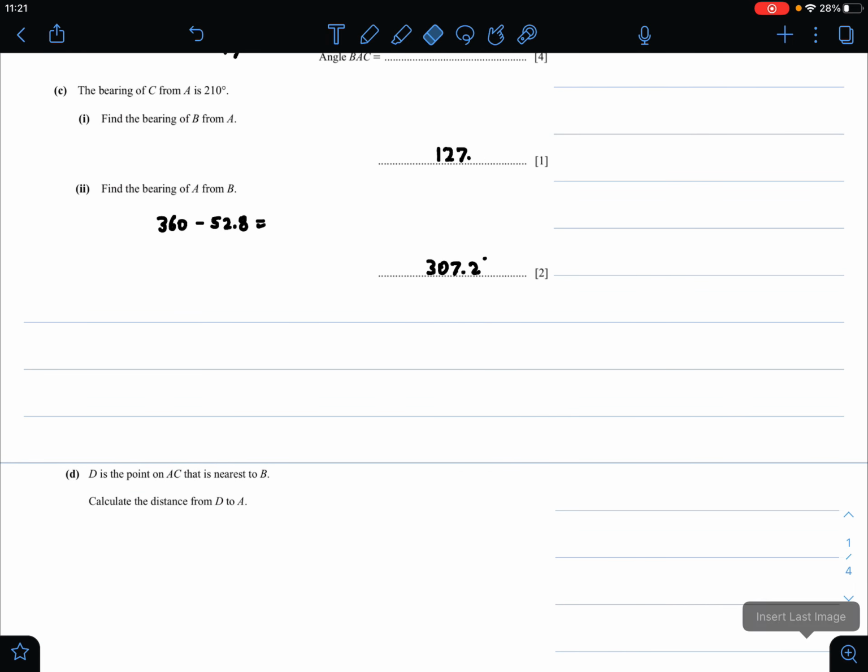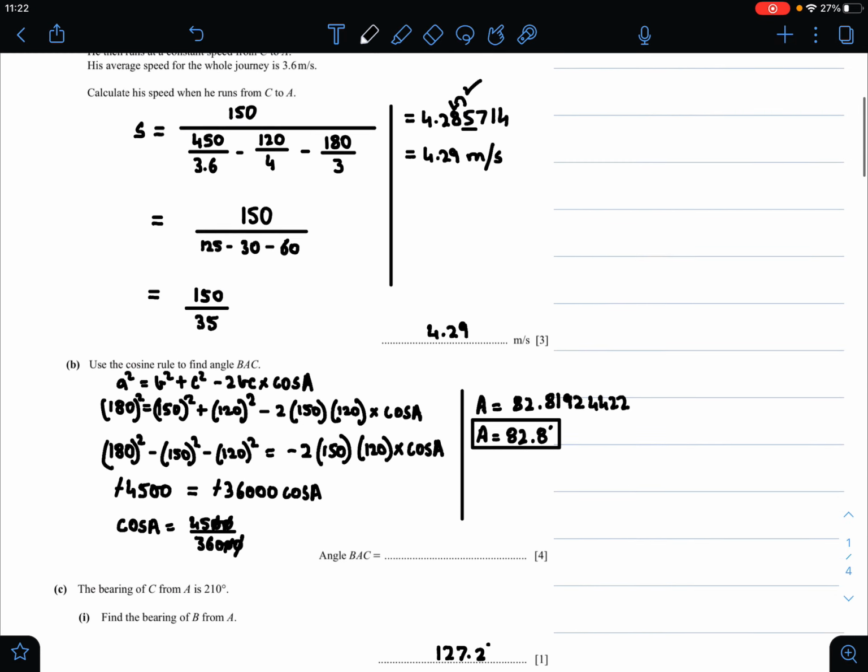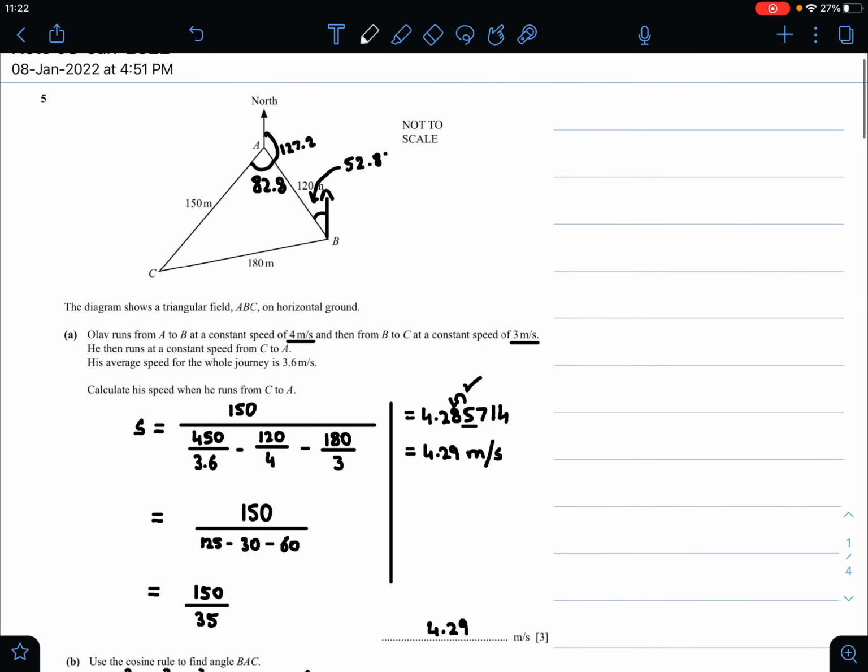So for part D, they are asking us to calculate the distance from D to A, and they are telling us D is a point on AC that is nearest to B. Okay, so for these type of questions, what you do is you draw a perpendicular from B, and again use a pencil and a ruler so it comes as accurate as possible.